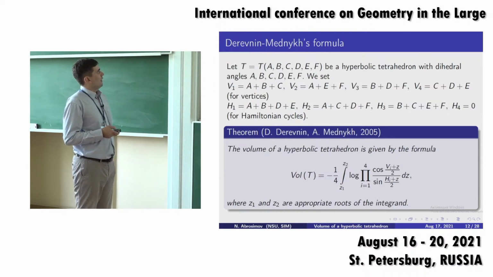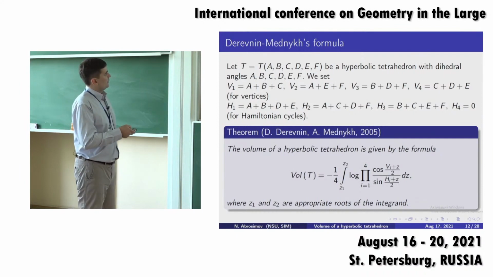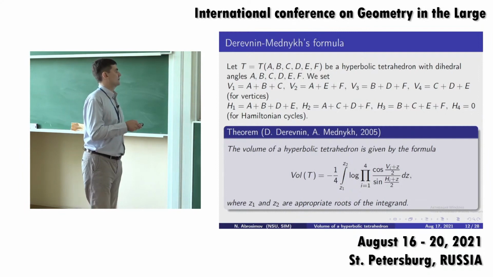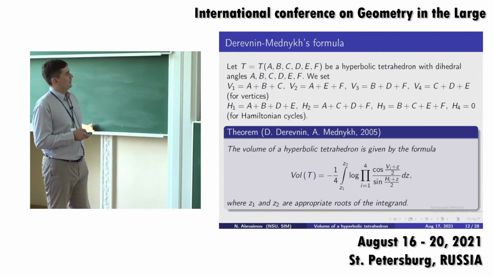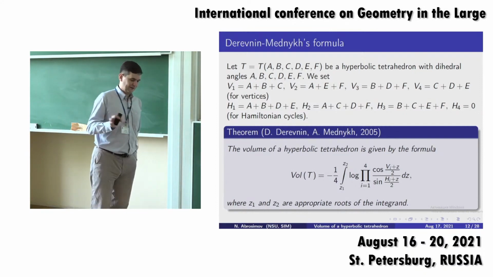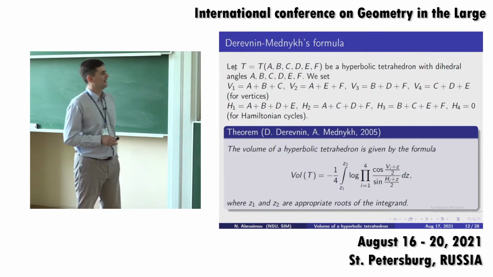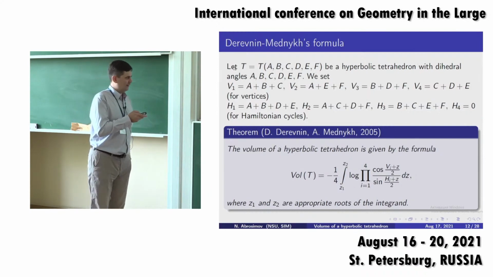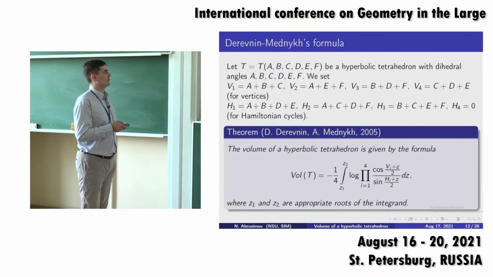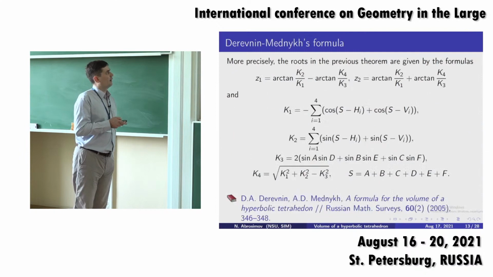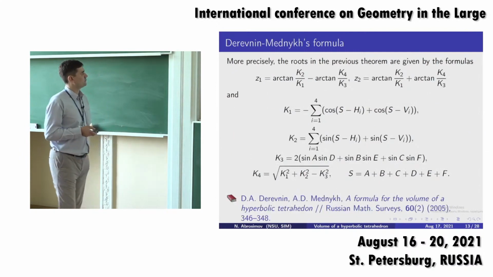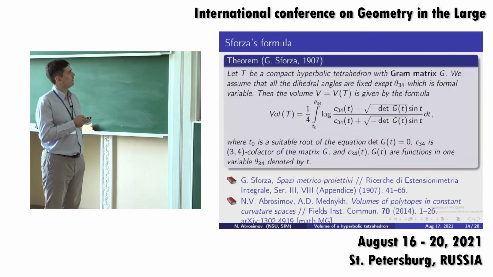Then the volume is given by this integral, the logarithm of a product, etc. And the limits of the integral, Z1 and Z2, different Z1 and Z2 than in the previous formulation, sorry for that, are appropriate roots of the integrand expression. More precisely, Z1 and Z2 are described here on this slide, but I will not stop on that.